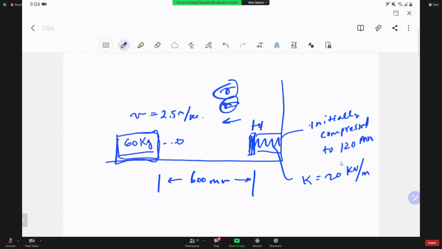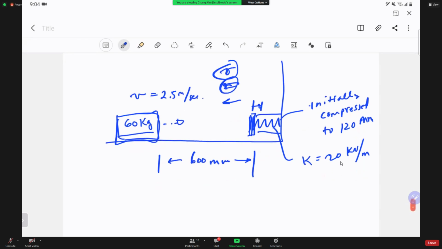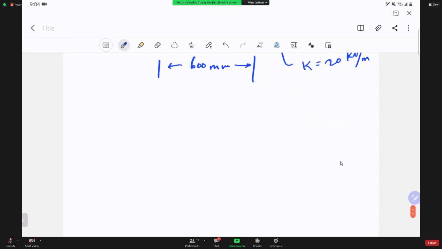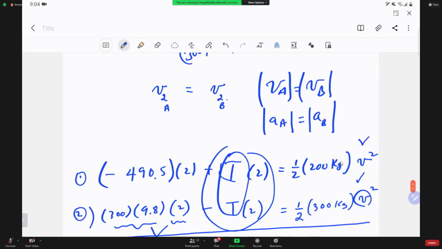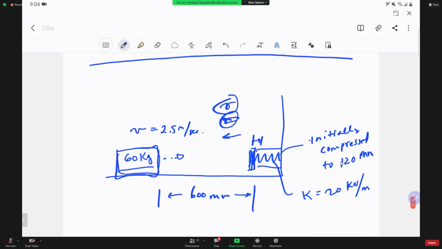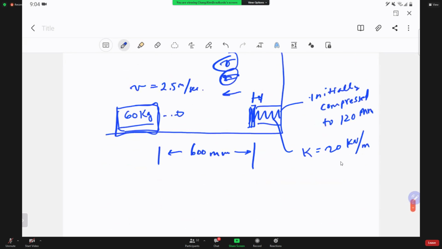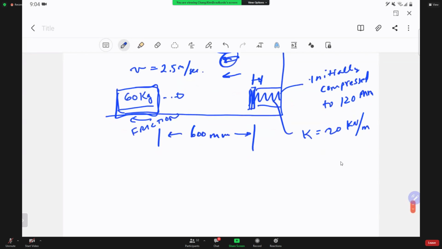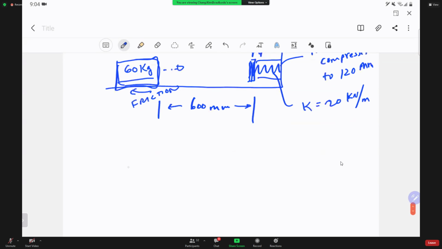Let's take a look. Also, there is a friction here that we need to consider. So let's take a look at the block, the free body diagram.